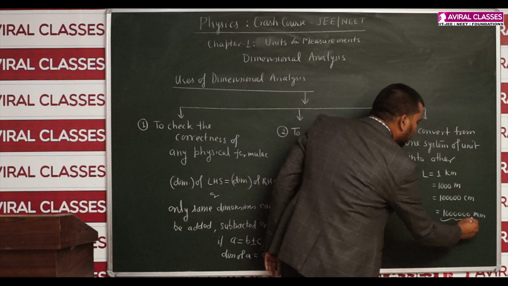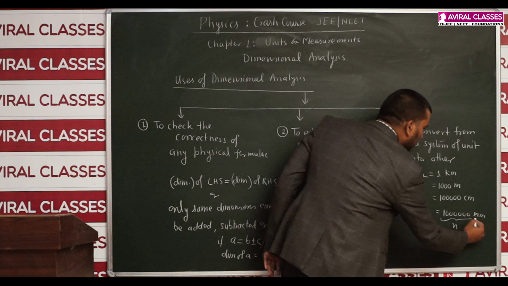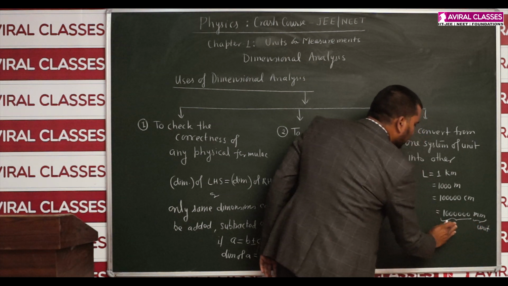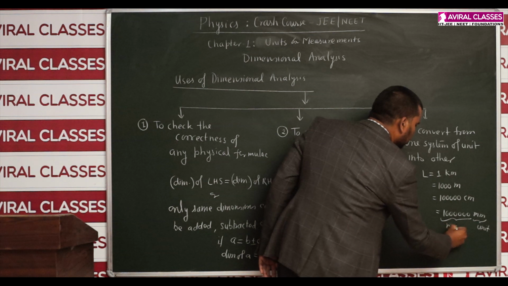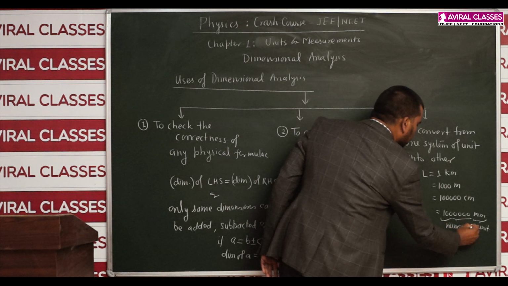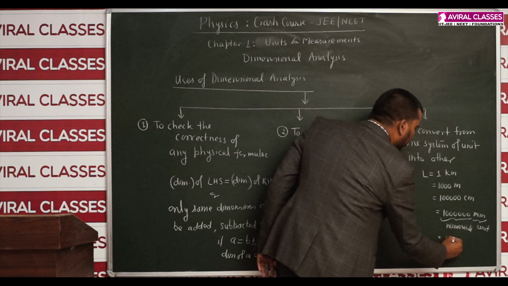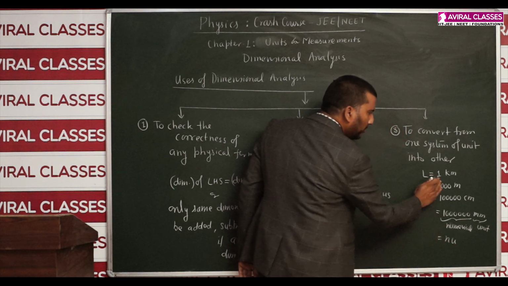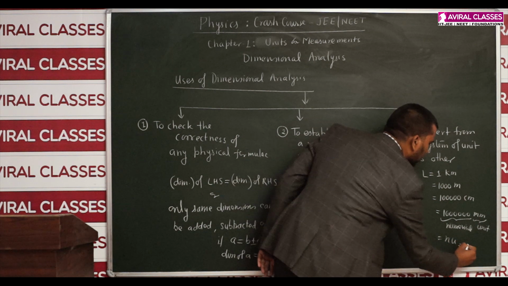So these values are called numerical value, and this one is called unit. We call it n into u. You must have seen the product of numerical value and unit is constant.